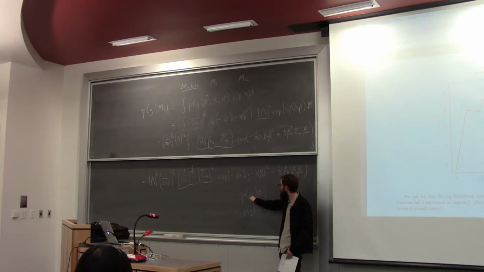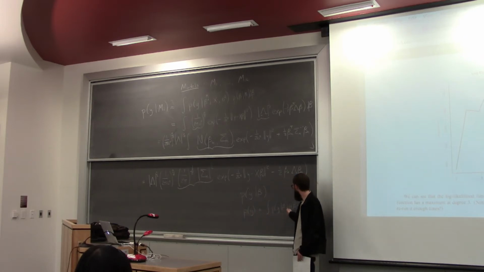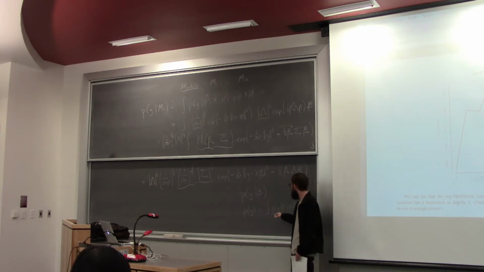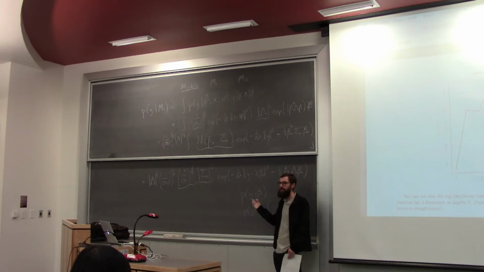I'm actually evaluating this density at my data. Here, again, I'm evaluating this density function at my data, but because I have a prior, I can integrate out beta, make this not depend on a particular choice of beta, and say that this depends only on the whole class of models I'm choosing.